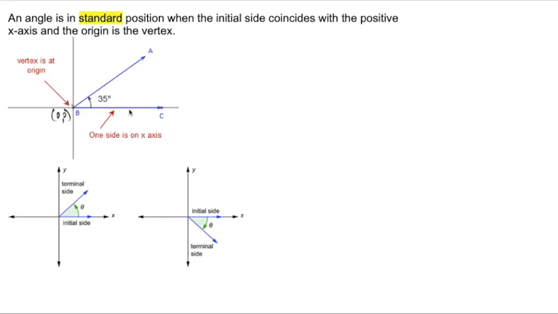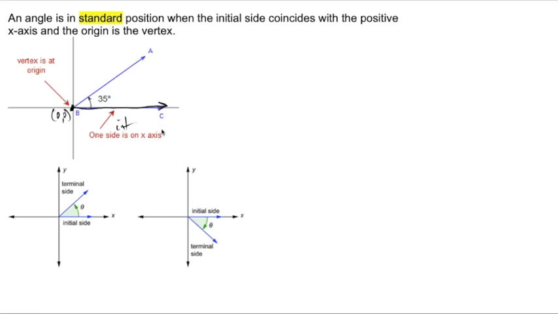Your initial side is always going to be on the positive x-axis. That's going to be very, very important. Our initial side will always start on that positive x-axis. So we start here at the point 0, 0, and then we go out on the positive x-axis.